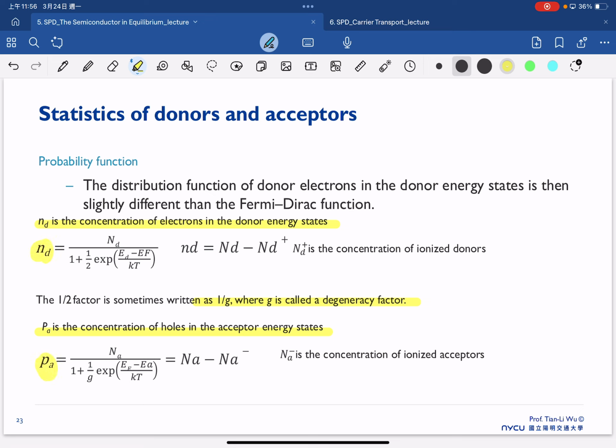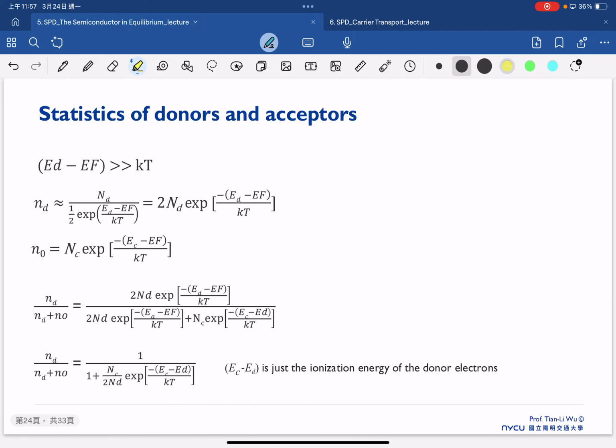So with the consideration of this equation, we get the conclusion here. The conclusion tells us that ND over ND plus N0 highly depends on EC minus ED.